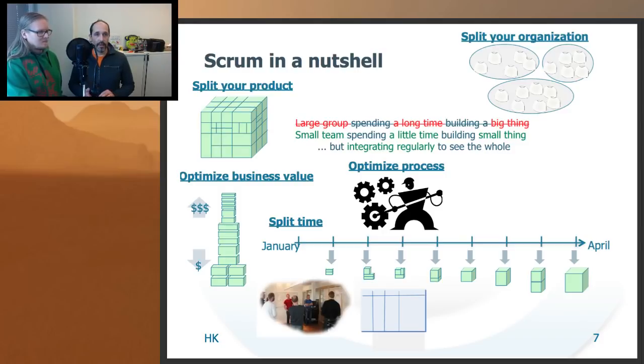If you look at this, split your product and optimize business value. Both requirements and the ready product are sliced in small pieces. Not all of this is known or discovered in the beginning of the project. The whole idea is that you discover some of it and start working on it. And while you do it, you learn more about the problem you are solving, the need of the customer, and also the solution, the technical things, and how it should be implemented.